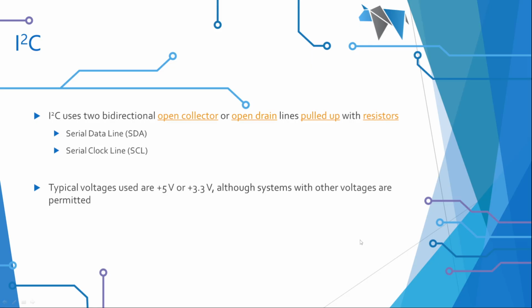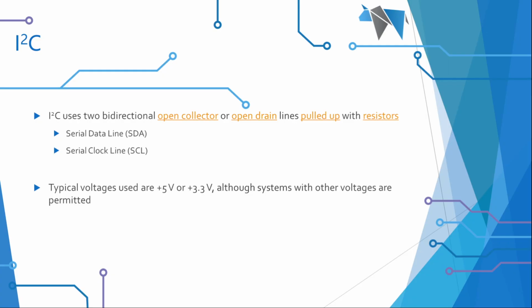Now, I spoke about this in the previous video. I2C is a bidirectional communication protocol that uses open drain, so the line's actually floating, and the integration inside the microcontroller looks for pull-up resistors, so the lines go high.